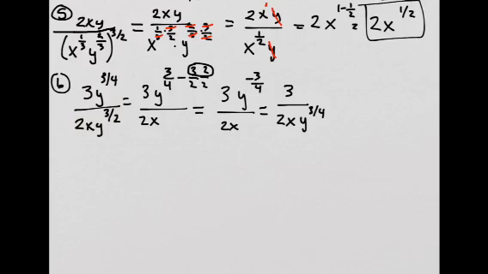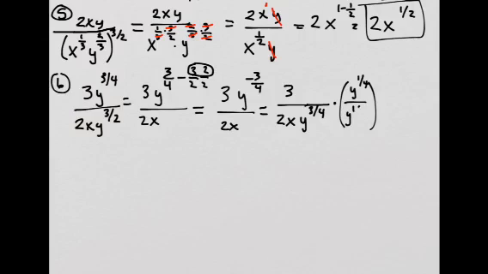And another thing, we can only have whole number powers in the denominator. That's called rationalizing the denominator. This is something that we'll talk about more on Friday. I'm going to multiply both top and bottom by y to the 1/4.